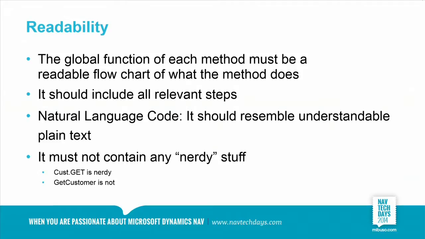And this readable flowchart should also include all relevant steps, like not only check if I can do that, do that. Normally you have a lot more steps in between, and to structure that so that your method header includes all or most of the relevant steps that you do and does not omit one is also not always easy to do, but when you start doing it, you'll get the gist of it quite easily.